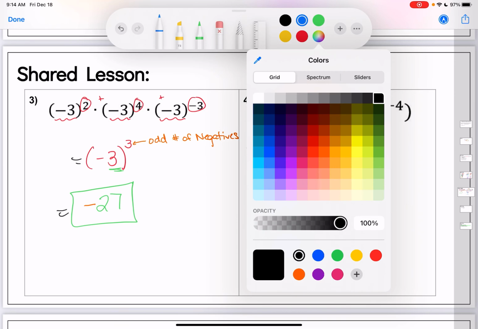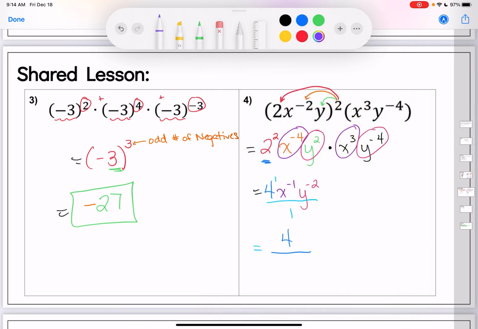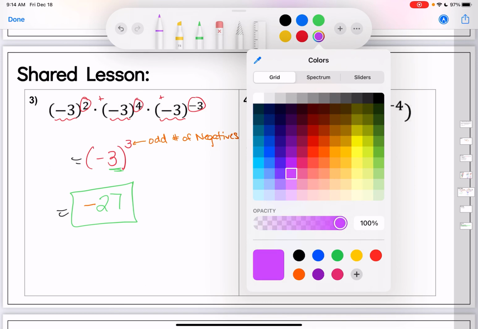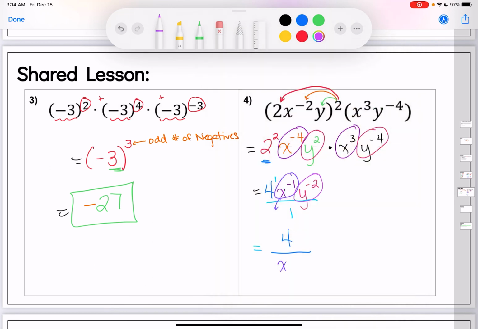But I do have x to the negative first, which is going to have to move down to the bottom, and it'll become x to the first, or just x. And I also have y to the negative second, which is going to have to move down to the bottom, which will become y to the second. So my final answer here will be 4 over xy squared. Be careful of that invisible positive 1 on that 4 coefficient. There's your common mistake, just like our warm-up.